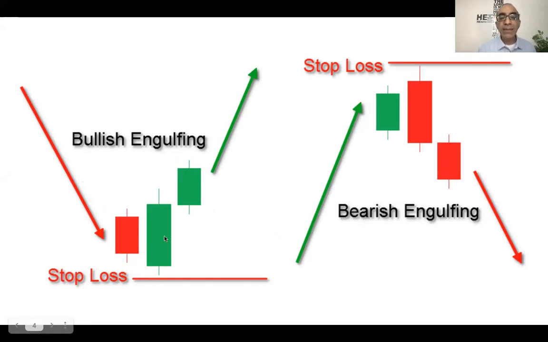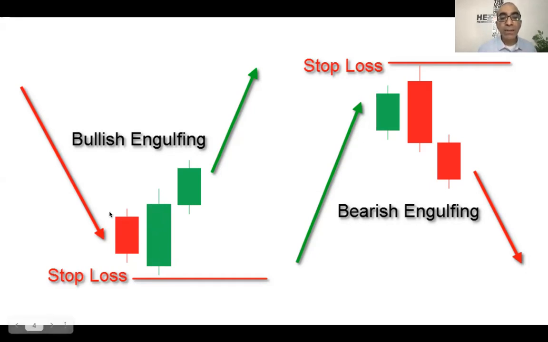Then you see a larger green candle that engulfs this previous red candle, it kind of overpowers it, it's much bigger, and it just comes out much stronger. And so that shows a very strong move in that direction.